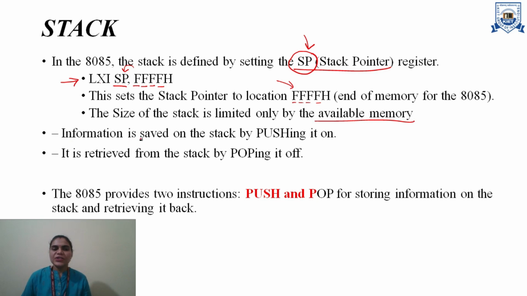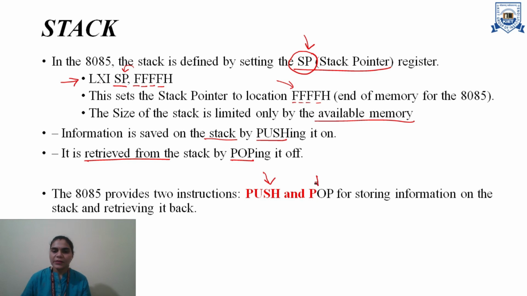The operation for inserting information into the stack is called a push operation. Whenever information is retrieved from the stack, it is called a pop operation. So in 8085, we have two instructions.